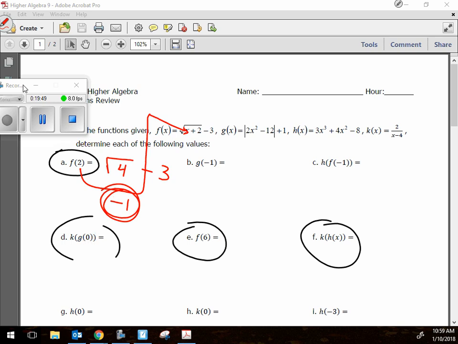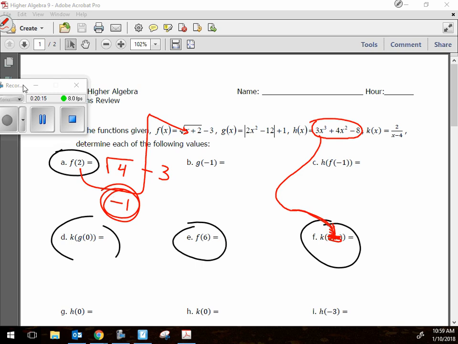All right. How about this kind? k of h of x. Whoa. Well, since they didn't tell me what x was, what is h of x? Because I got to put it right here. So what is h of x? Well, it's right here. So all of that goes right here.